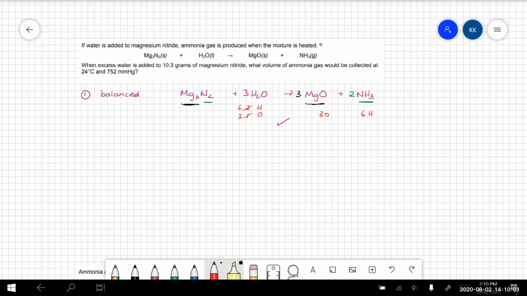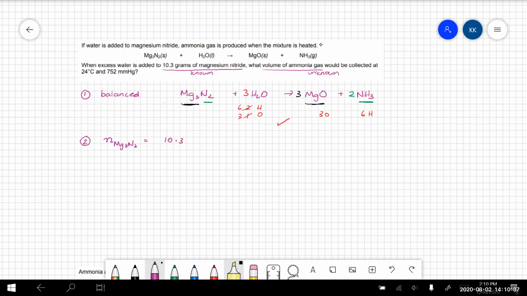Now, step 2. Our known substance. We're given a lot of information in this question, but we're asked what volume of ammonia gas. So this is going to be our unknown. And we're told stuff about magnesium nitride. So that's our known. So our moles of our known is mass 10.3 over molar mass.